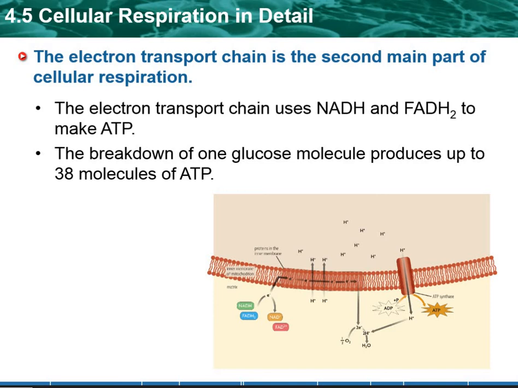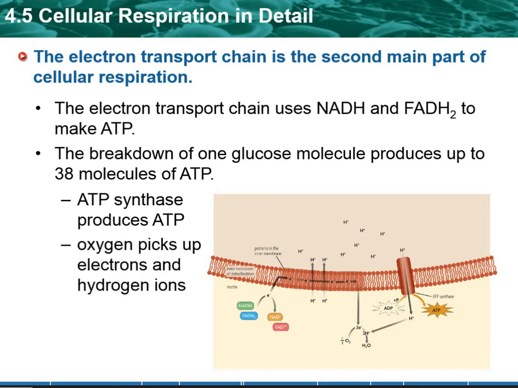The breakdown of 1 glucose molecule produces up to 38 molecules of ATP. ATP synthase produces ATP, and oxygen is going to pick up electrons and the hydrogen ions.